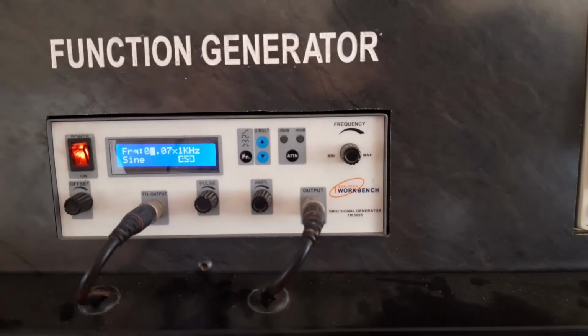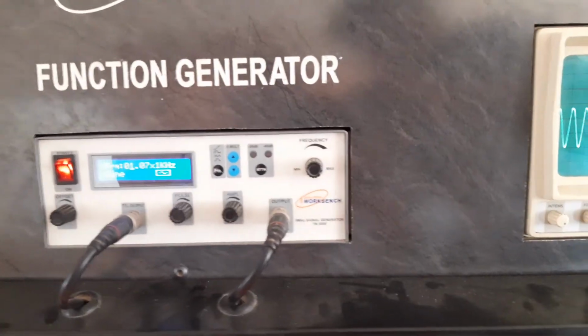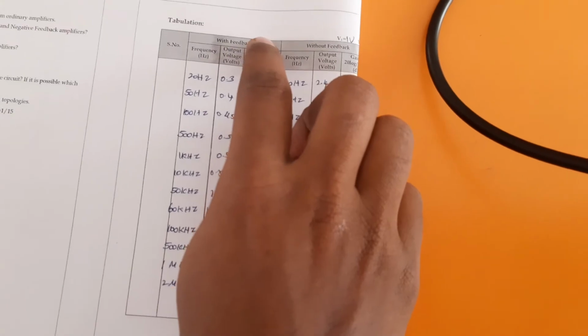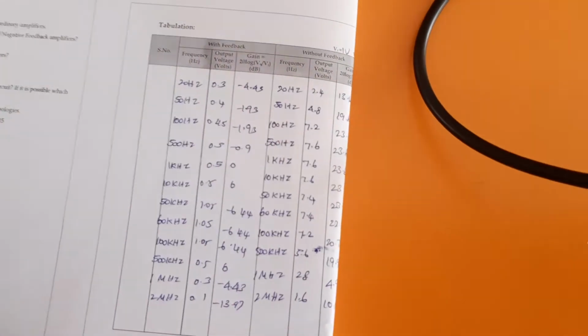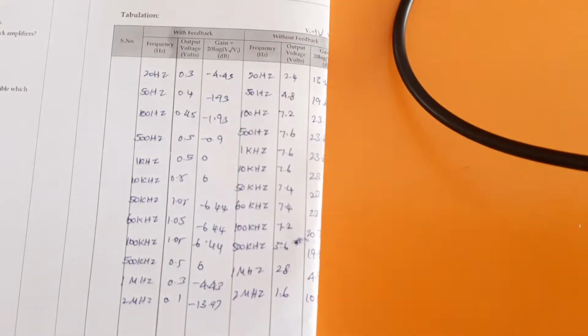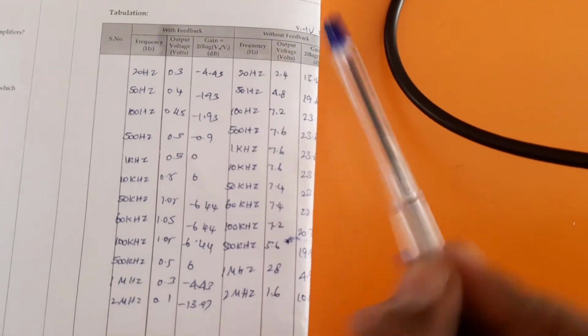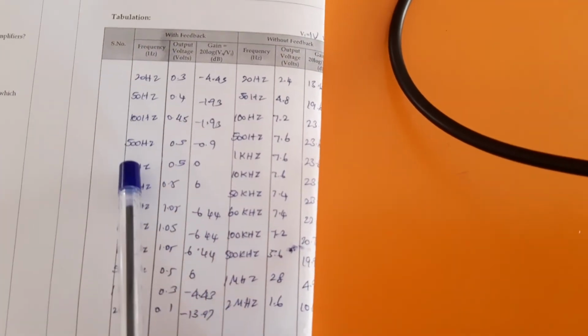Now keep the input voltage constant and take the readings in the table columns. First, with the feedback, keeping the input voltage constant at 1 volt, vary the frequency and note the output voltage.